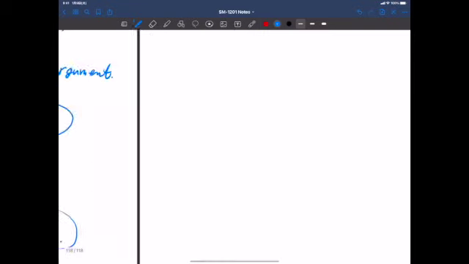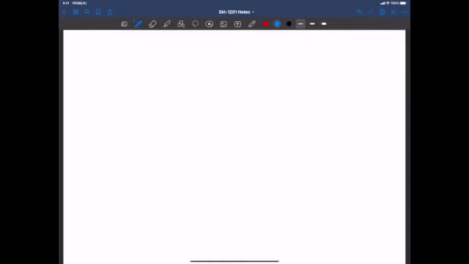Okay, let's see some examples. Arg 1. 1 is a complex number. That's 0, because in the complex plane, 1 is here. So the angle between this segment and the x-axis is 0 radians. And this is the principal argument.